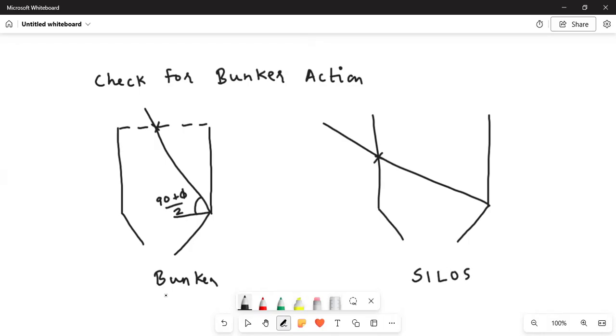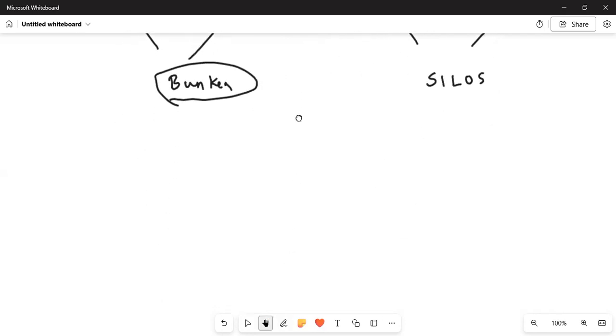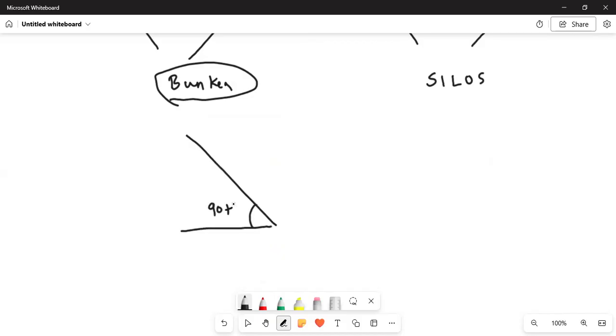So we need to check whether the dimensions that we have fixed are for bunkers or silos. We need to check for bunker action. Okay. So how to do that, I will tell you. I will take this angle as 90 plus pi by 2, and I will fix the height.